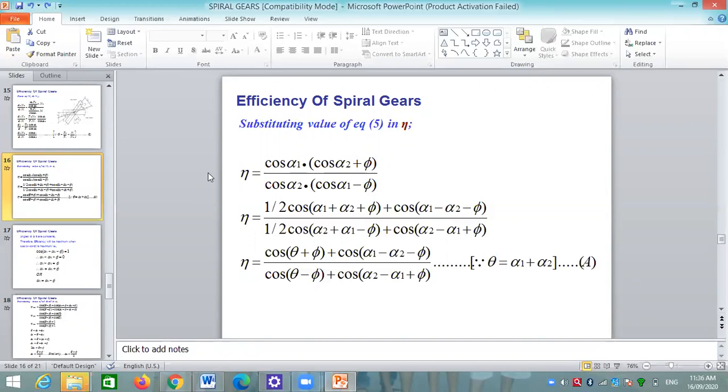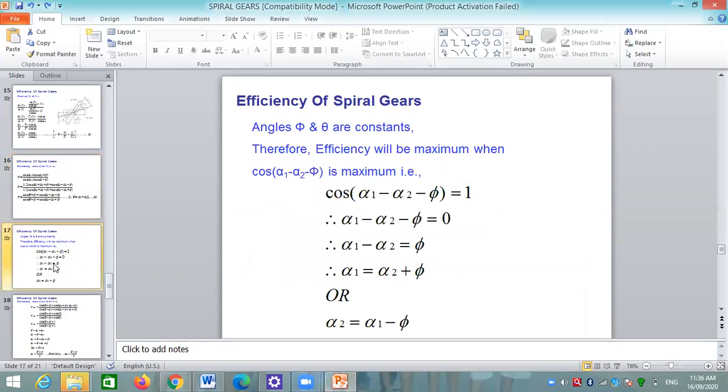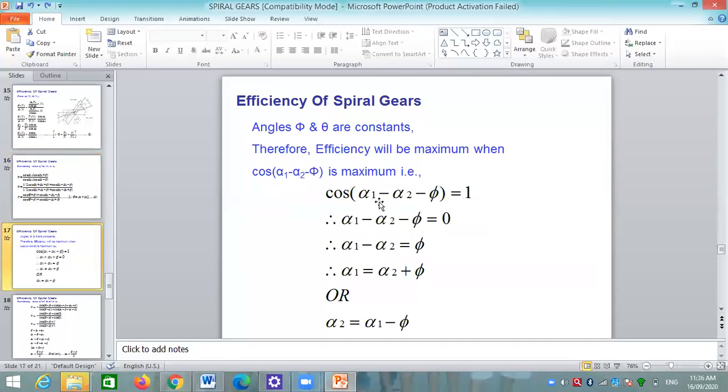And if we again simplify this, for maximum efficiency, the cos of alpha 1 minus alpha 2 minus phi should be equal to 1, because the maximum value of cos of any angle is 1, which is obtained at 0.